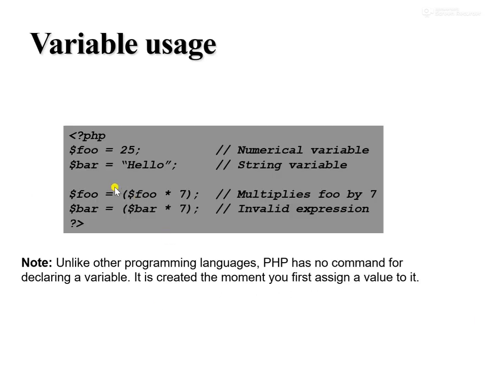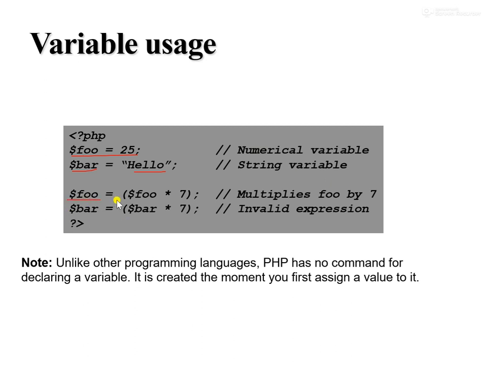Here we have another example where we have variable foo. We assign foo the value 25, and then bar is assigned the value hello. So from the value its data type will be decided. Foo will be a numerical variable and bar will be a string variable.